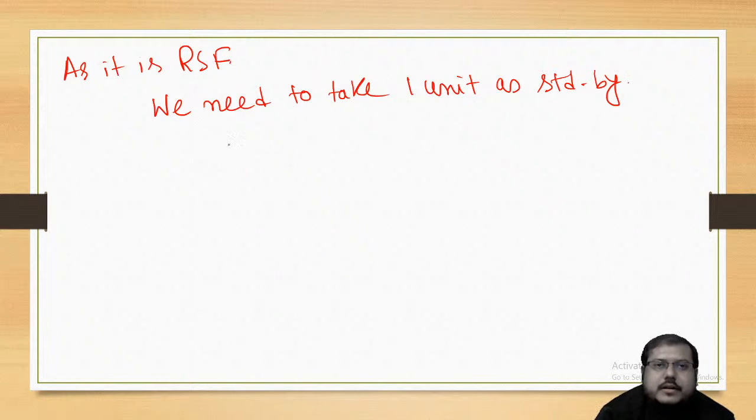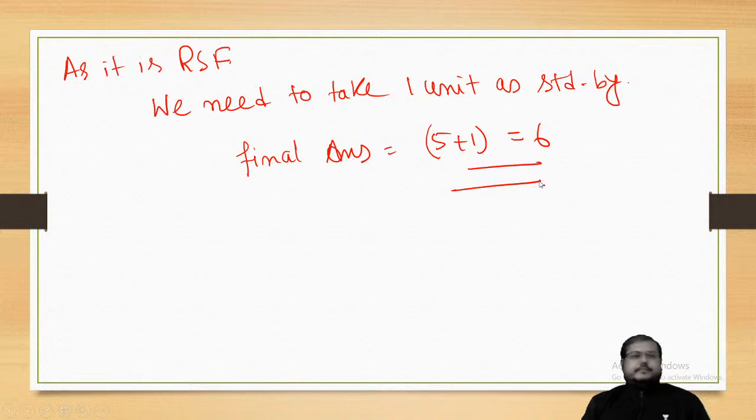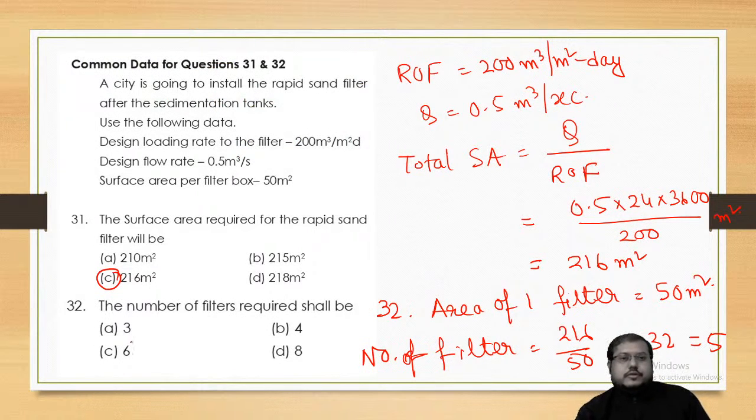That's important. So final answer will be 5 plus 1 is 6. So 6 will be your final answer. Option C. 6 will be your final answer.